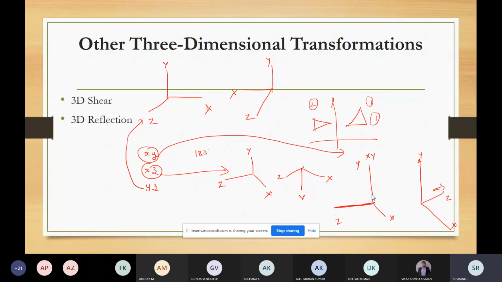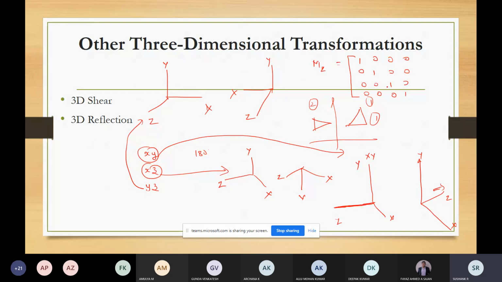And so what is the matrix? What is the matrix for this? For the z-axis, the matrix can be like 1, 0, 0, 0, 1, 0, 0, 0, -1. So this can be my z-axis reflection matrix.